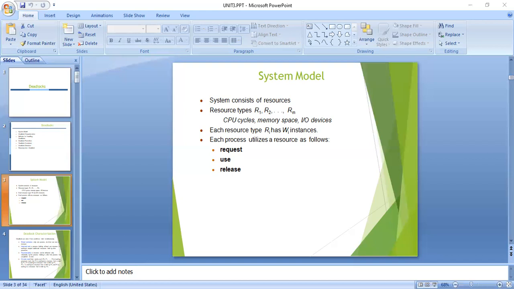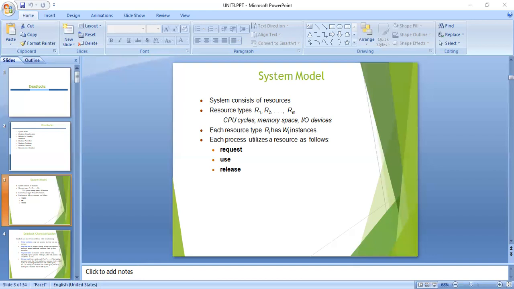Once P2 releases it, P1's work will be easy and it will be totally finished. And P2 has completed half its work and is waiting for P3's resource. So this is called circular wait. If this circular wait situation arises, then the deadlock might occur.